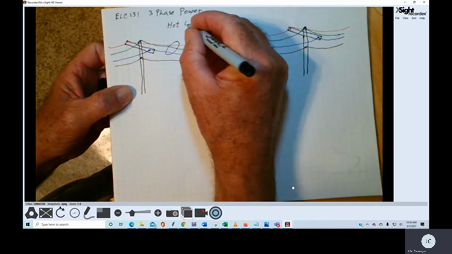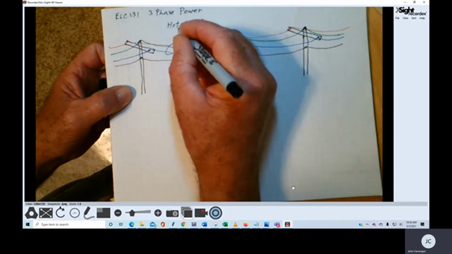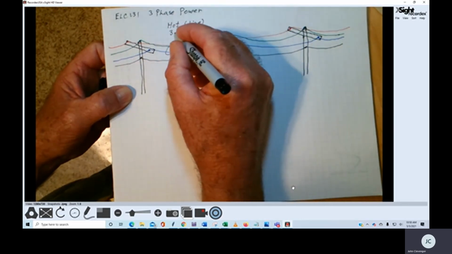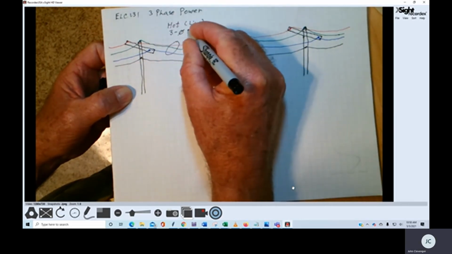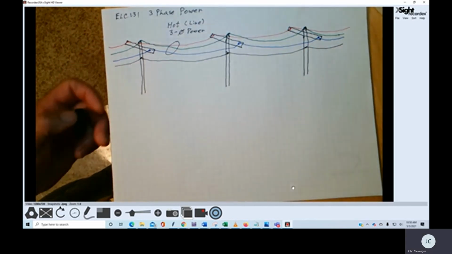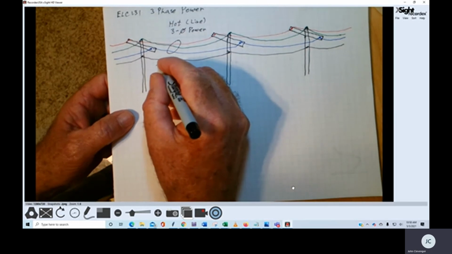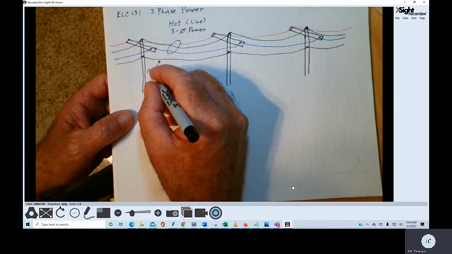They're sometimes referred to as the line voltages. But this is our three-phase power. We'll use this symbol for phase. And then this conductor right here is the neutral.